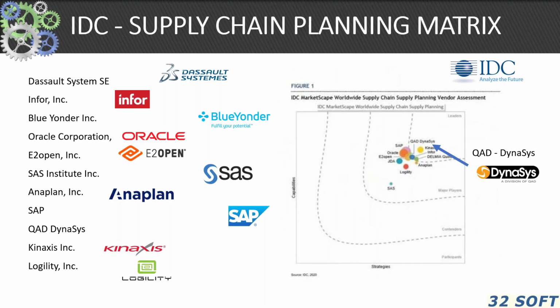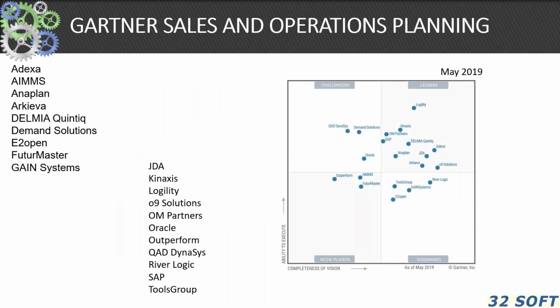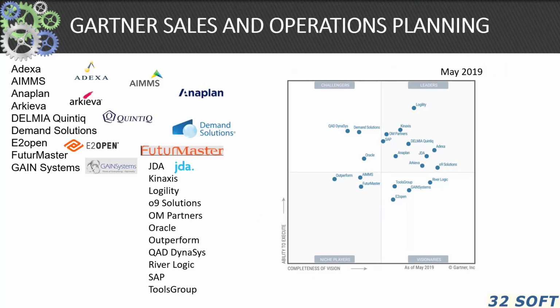Here the control towers are noted as leaders, major players, contenders, and participants. We see Dassault Systèmes, Infor, Blue Yonder, Oracle, E2open, SAP. There's QAD, Conexus, Logility.